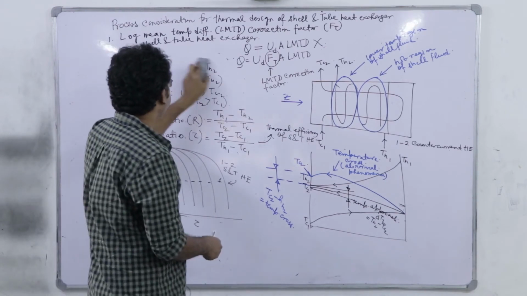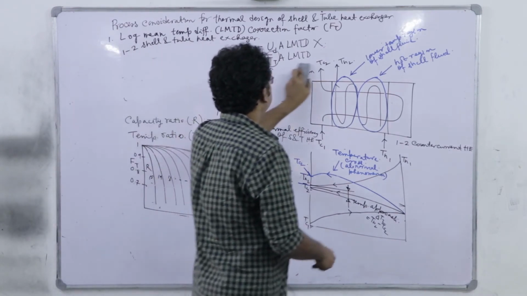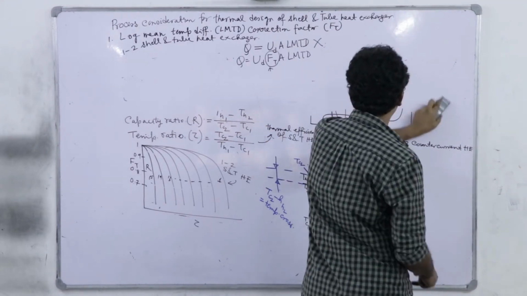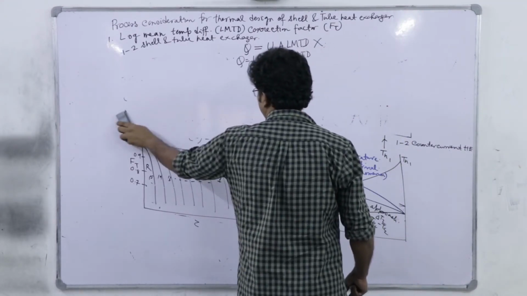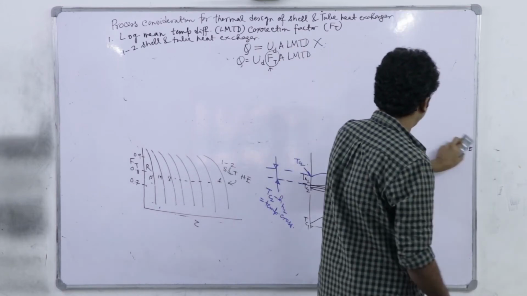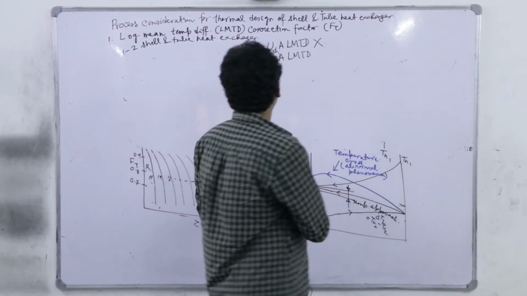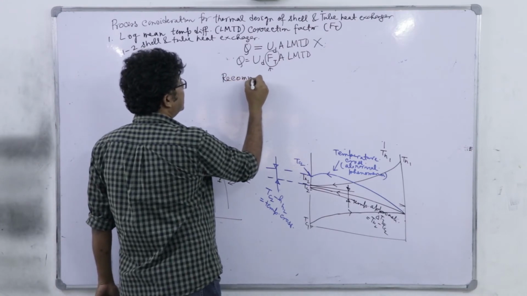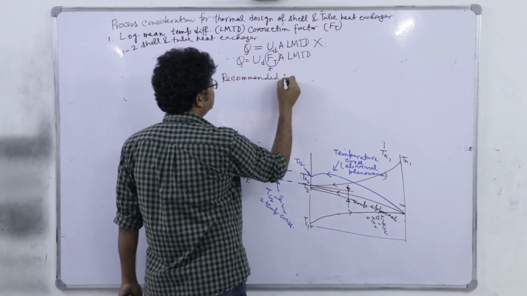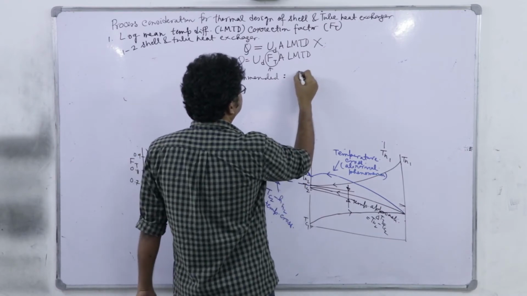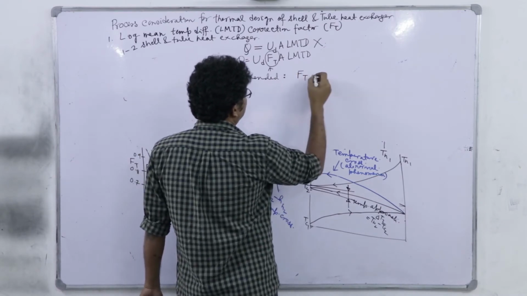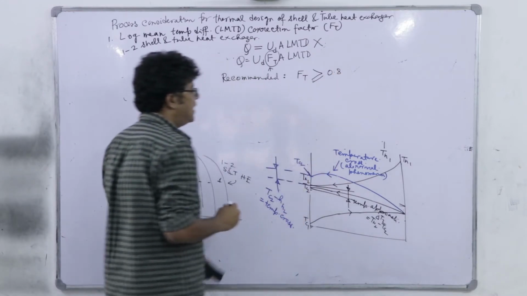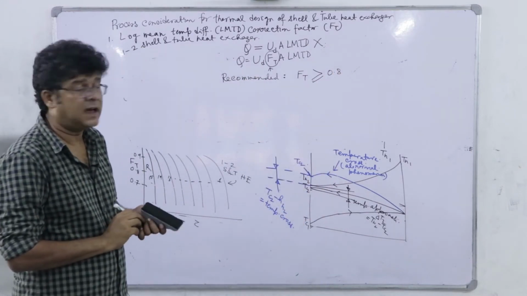So that is about this LMTD correction factor, and in GATE there are several questions where this curve of Ft will be given. It is recommended that once you are increasing the number of passes, Ft should, as a thumb rule, always be greater than 0.8. Ft less than 0.8 is not desirable.